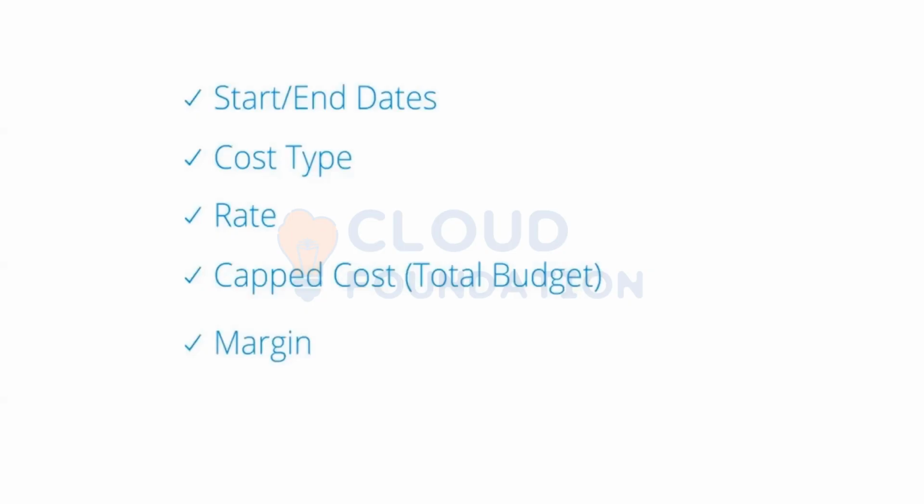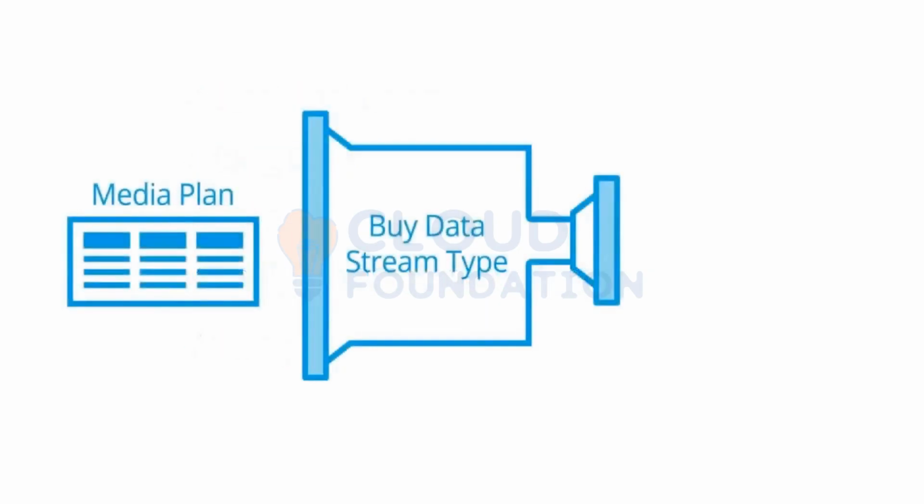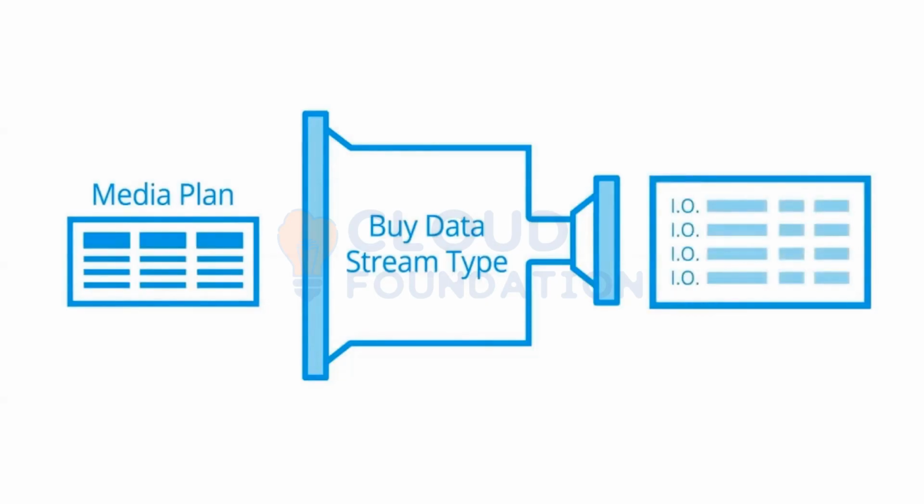What is the cap cost, or what was the total budget for us, and how much did the IO cap during the delivery, and what is the margin? These are the IO attributes which we have to see while we are doing Media Cost Center. So rather than individual calculations, the entire media plan can be put into Media Cost Center and it does its own automated calculation, and we have all the recalculated costs per IO.